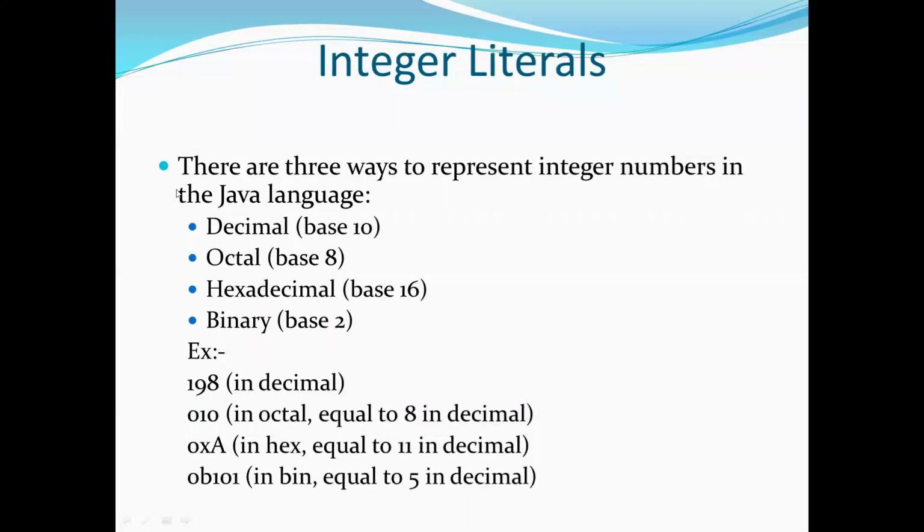Actually, this slide doesn't have it. I forgot to mention, there are four types, not three ways. There are four ways: binary, hexadecimal, octal, or decimal. So you can store any integer literal in the form of these number representations.